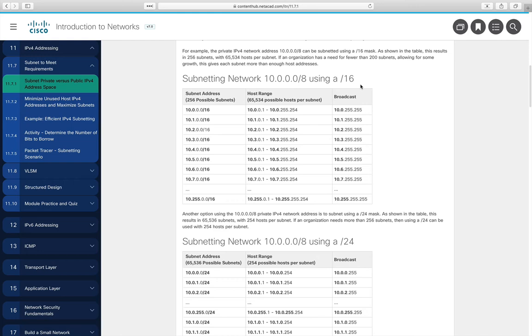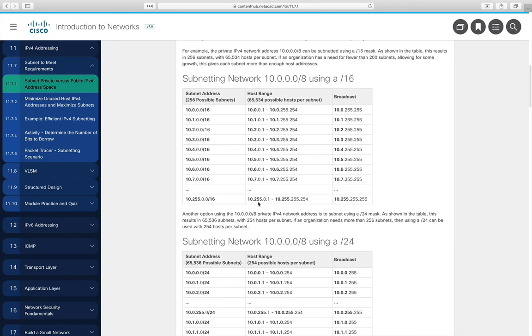And by doing that, they're going to go through and do exactly what we did before. Again, we can leave these in decimal dotted notation since this is an octet boundary. So within the borrowed octet, we're going to count 0, 1, 2, 3, all the way up to 255.